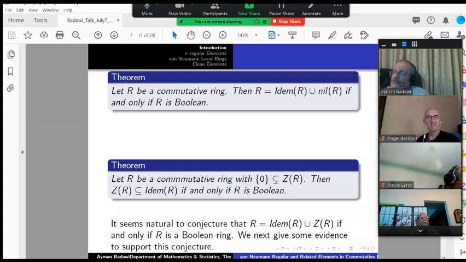And why do we conjecture that? Many reasons. I will give you some of these reasons why we feel that this has to be true, unless somebody can come up with an example or prove it.